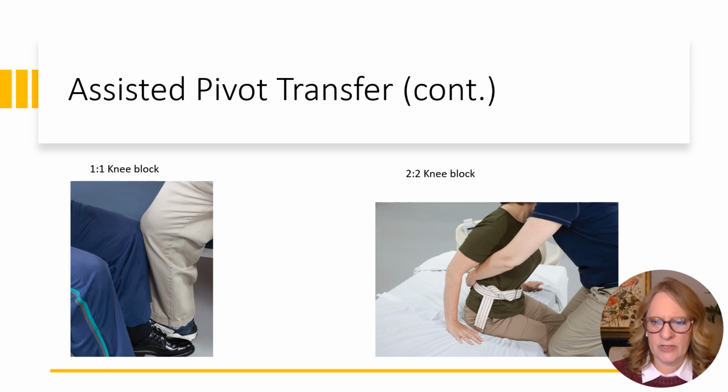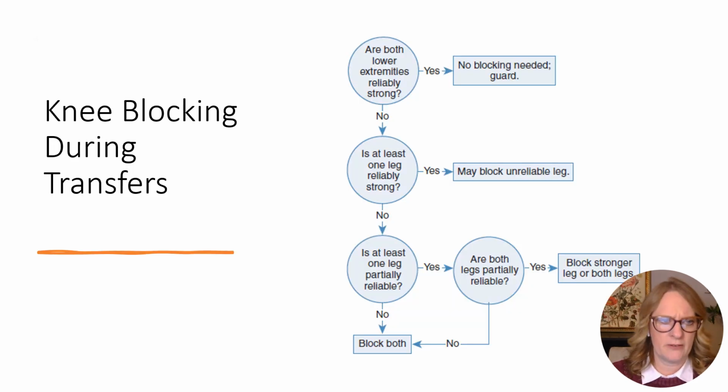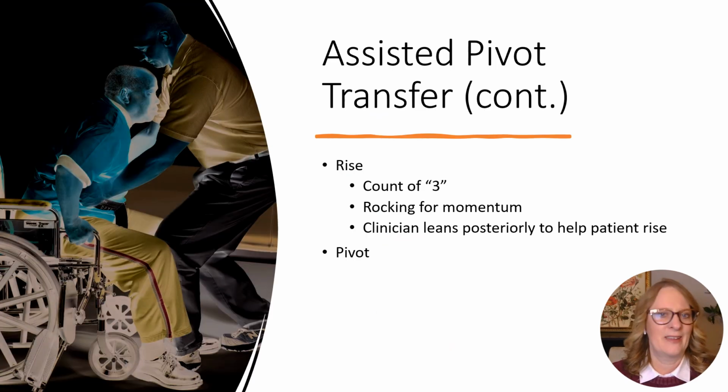That's the two-to-two knee block, which I've had more clients say is the most uncomfortable. And so this is just a reasoning process of, do I need to block their knees or do I not? And I think that's pretty self-explanatory. I think the point is, don't block their knees if they don't need it.